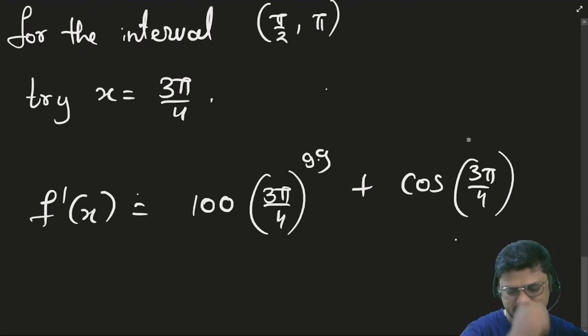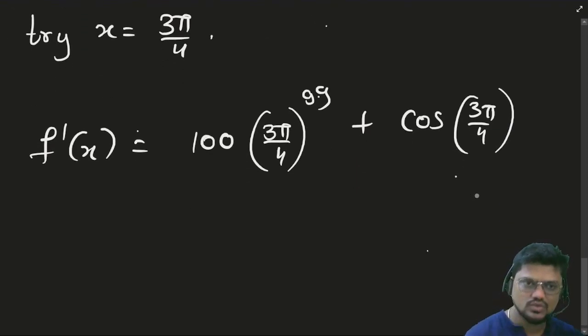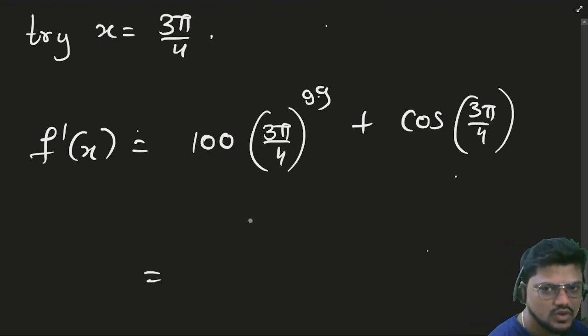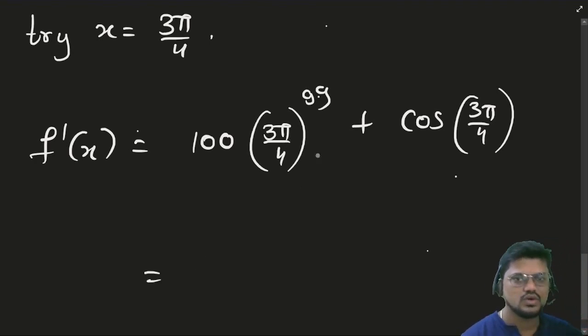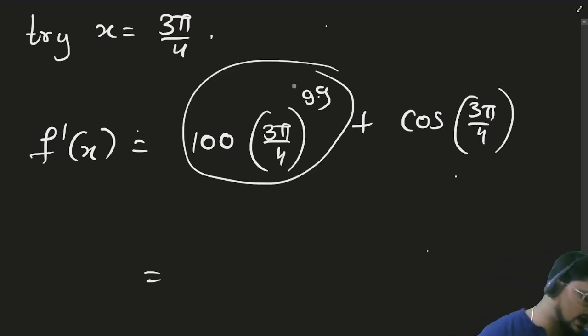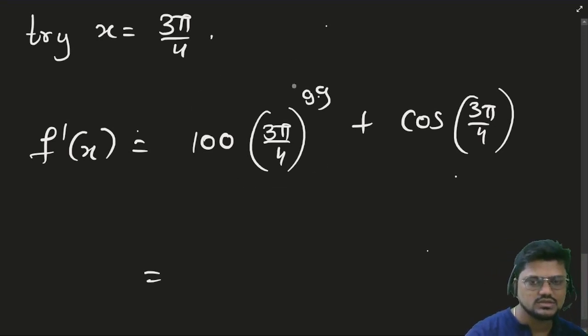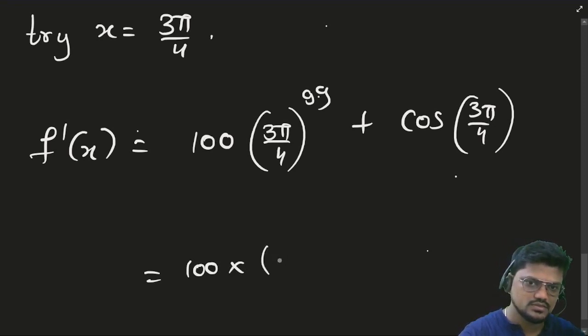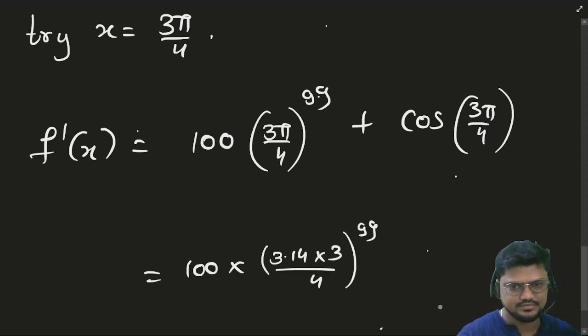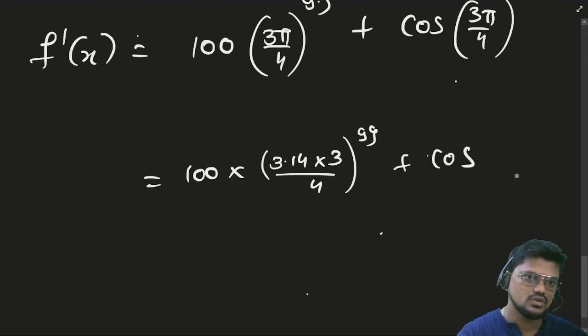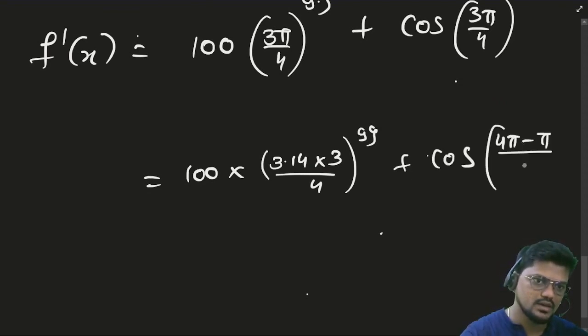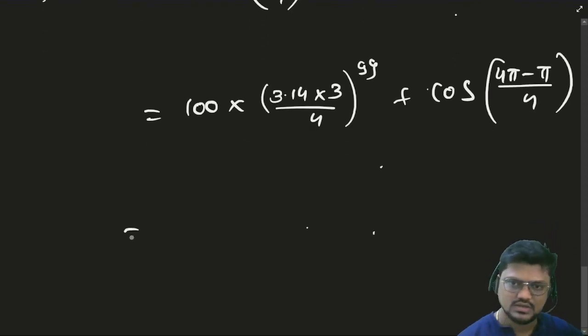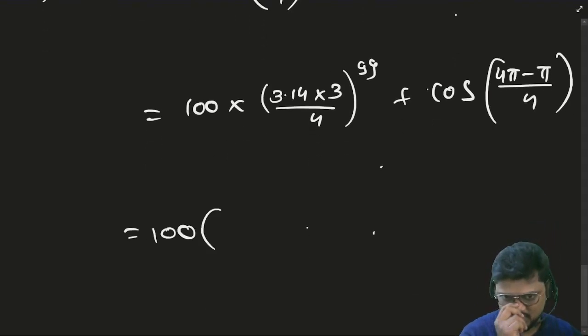Now, over here the value of pi will be 3.14. So 3.14 into 3 by 4, raised to 99, times 100, plus cos, which you can write as cos of pi minus pi by 4.